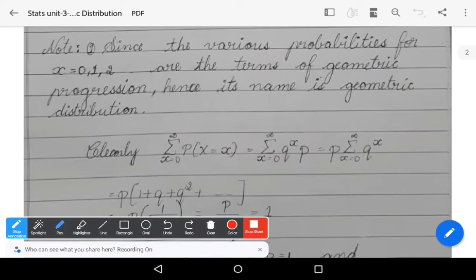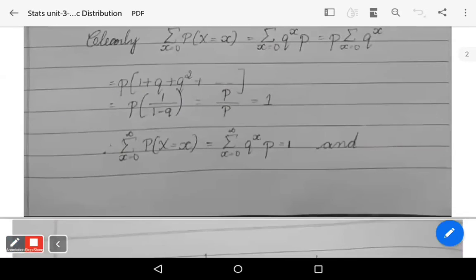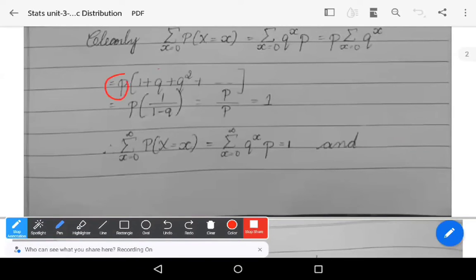So you can write the P outside the summation: P into summation X equal to 0 to infinity Q power X. Now remove the summation, so we get this format: P into 1 plus Q plus Q square plus and so on, which is an infinite geometric series, and its sum is given by 1 by 1 minus Q. What is 1 minus Q? P. You get P by P. So finally you get 1. Therefore, the sum of all probabilities is equal to 1.